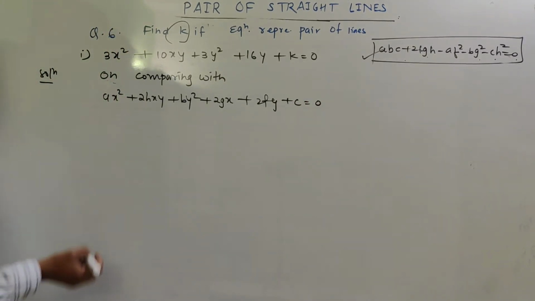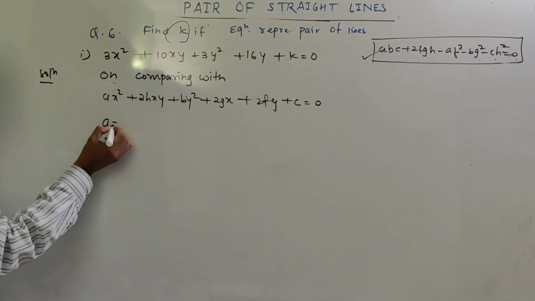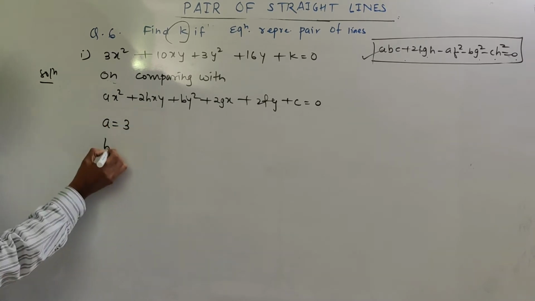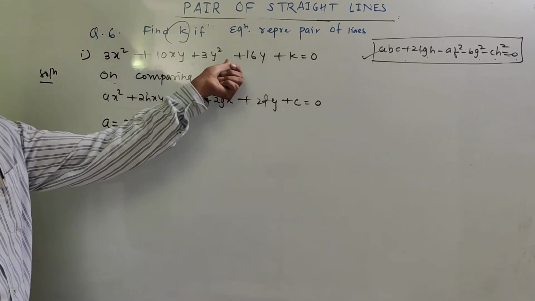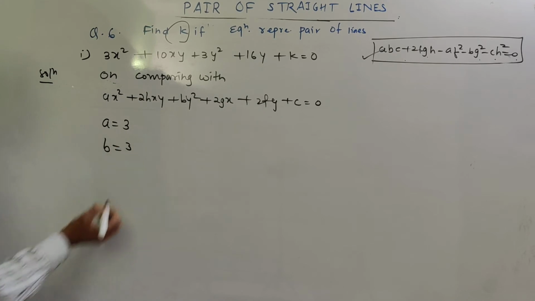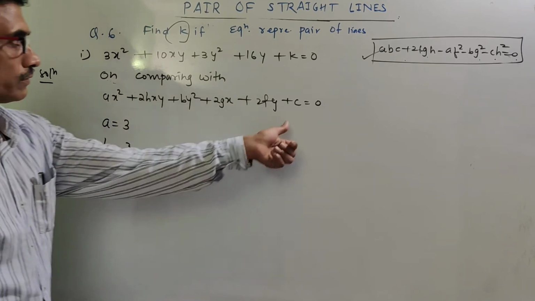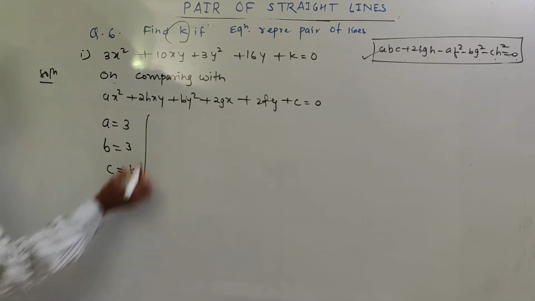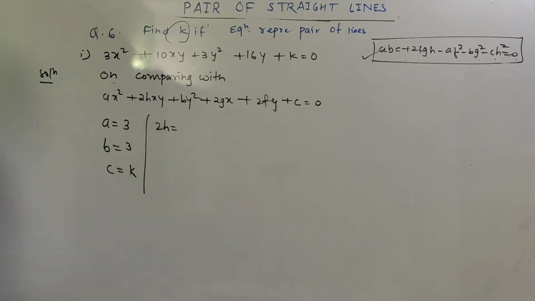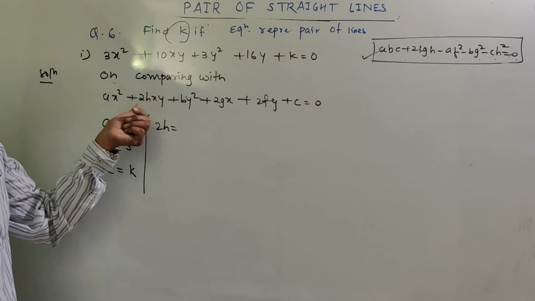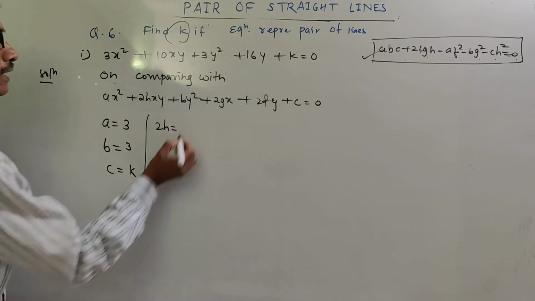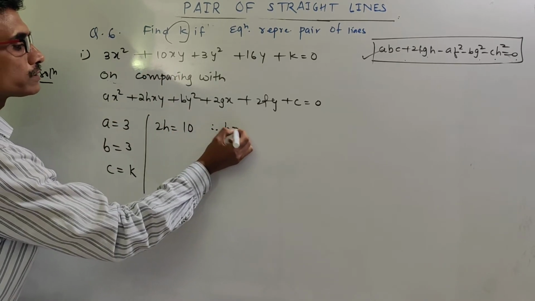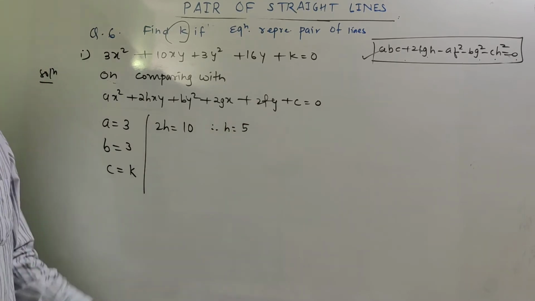So you will get the coefficient of x square, that is a = 3, b, which is the coefficient of y square, which is 3, and c, which is the constant term, is equal to k, with 2h, which is the coefficient of xy, that is 10, therefore h is equal to 5.